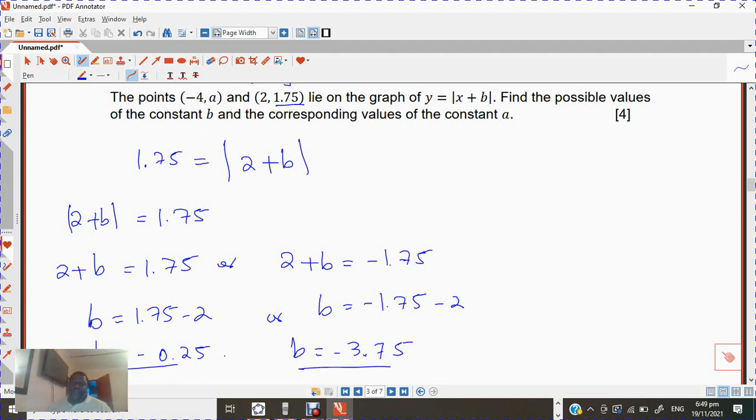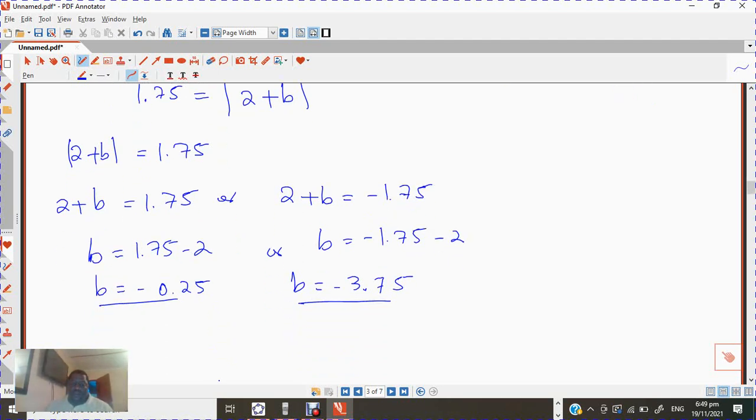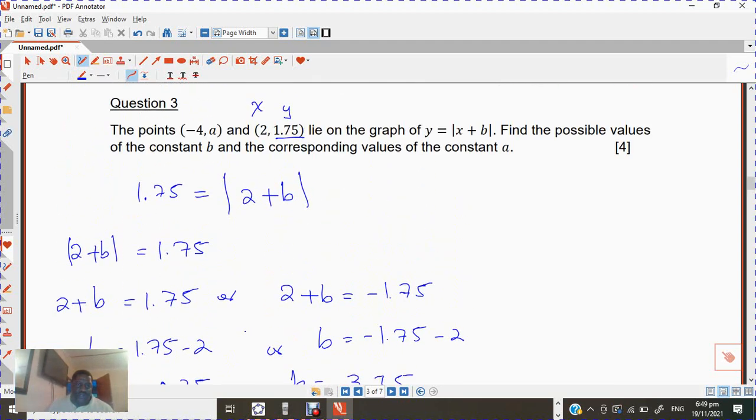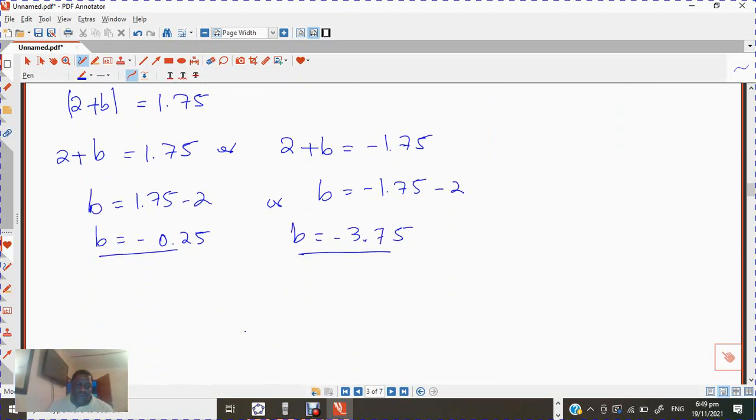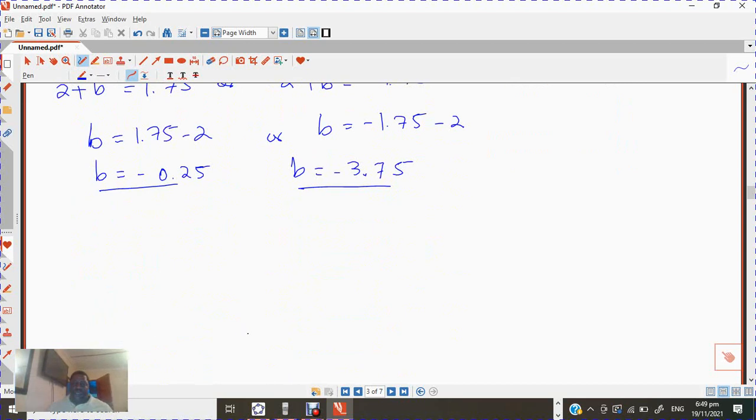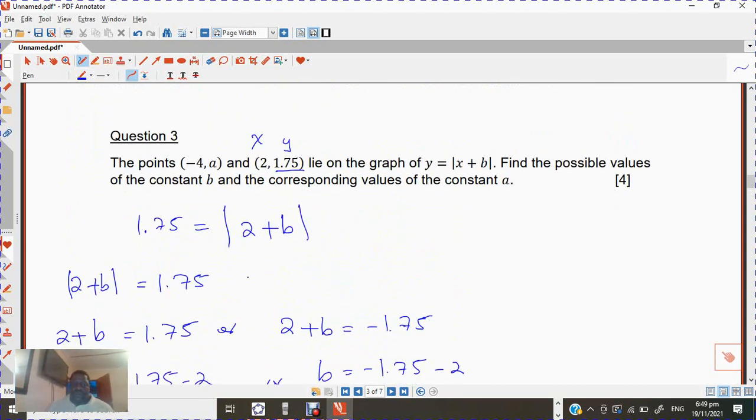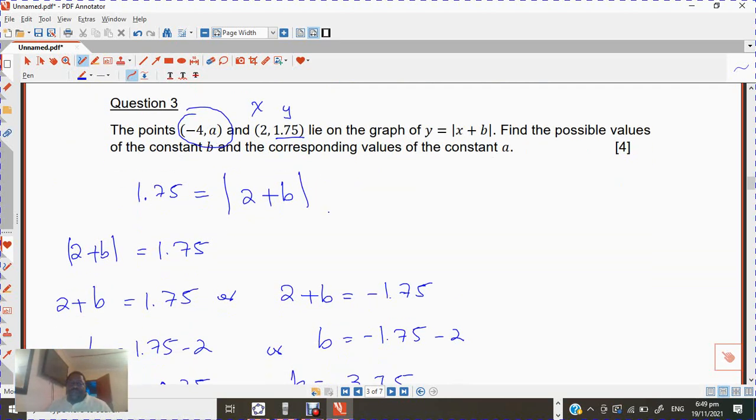Now we need to find the corresponding values of a. We already used one point, so we are going to use the other point to find the value of a. Just to make sure, x is negative 4 and our y is a, right? I'm talking about this particular point right here. So we substitute that point in there.